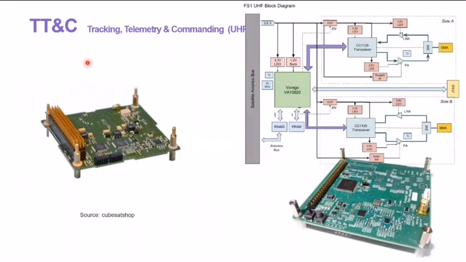The next subsystem is the tracking, telemetry and commanding subsystem. Typically, it's called TT&C. Again, there are two clear options on this side of the screen. You can see this system can be procured commercially, commercial off the shelf, or it can be designed.